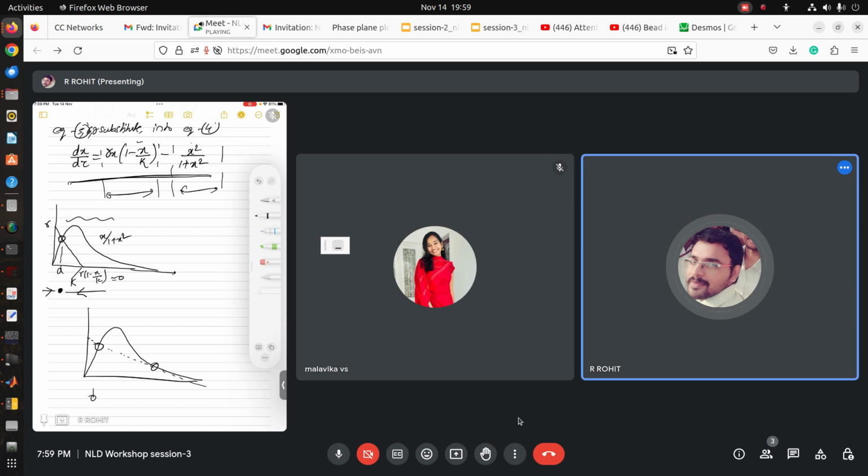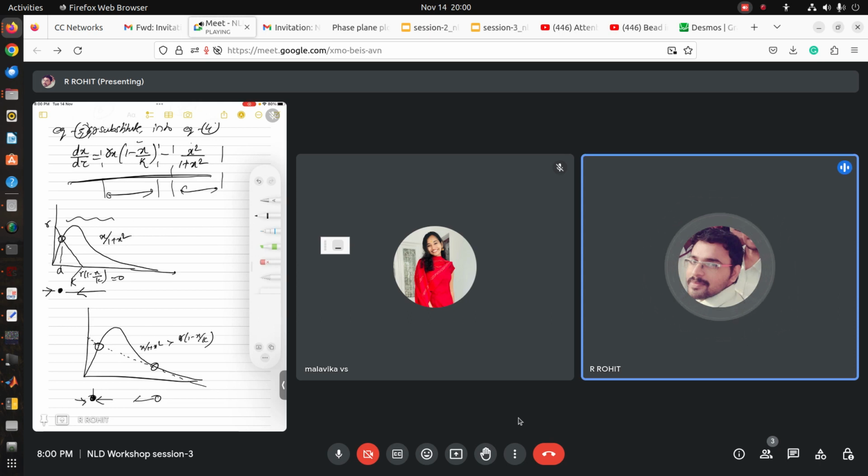Here we say that this is a stable fixed point, and if you consider this fixed point, x/(1 + x²) is greater than r(1 - x/k). Sorry, x/(1 + x²) is greater, so it should be going in the negative direction.